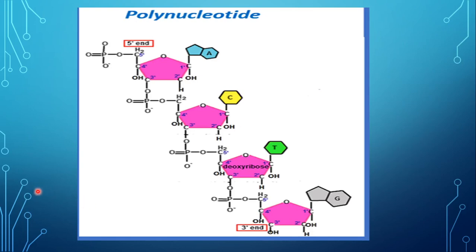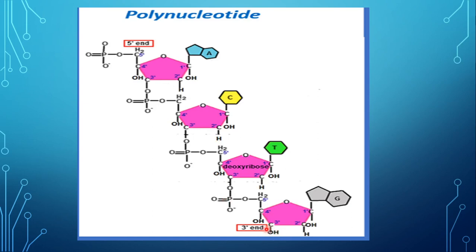Again, the polynucleotide structure, the molecular structure is shown here. As you can see, this is a deoxyribose, where one oxygen is missing here. Here is the phosphate of the first nucleotide. If I go in this direction, this is the 3' end.